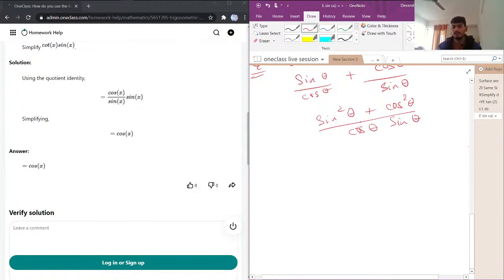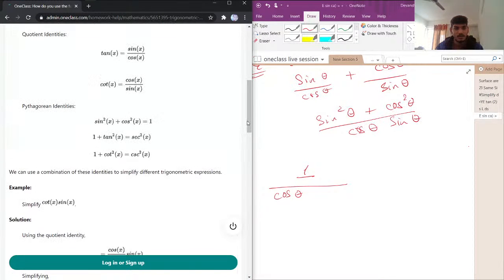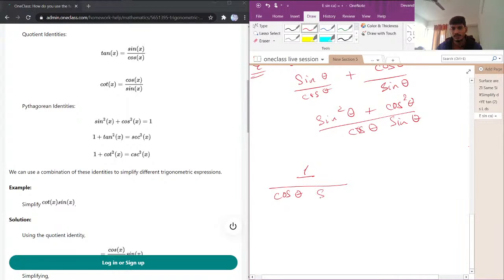Then sine square plus cosine square will be 1, using this identity, and then again we have cosine theta sine theta.